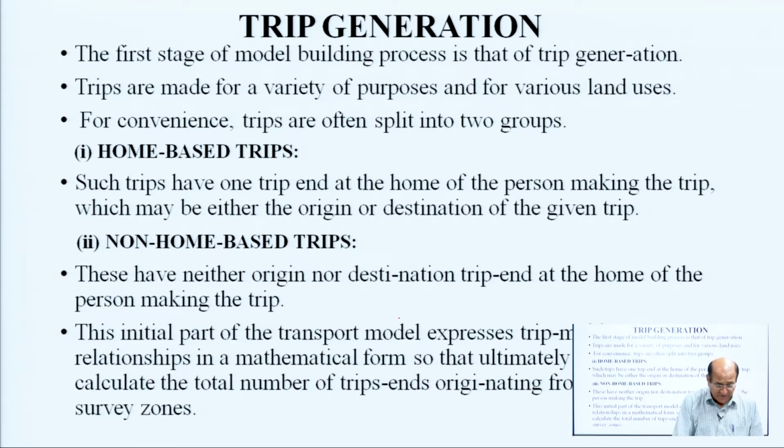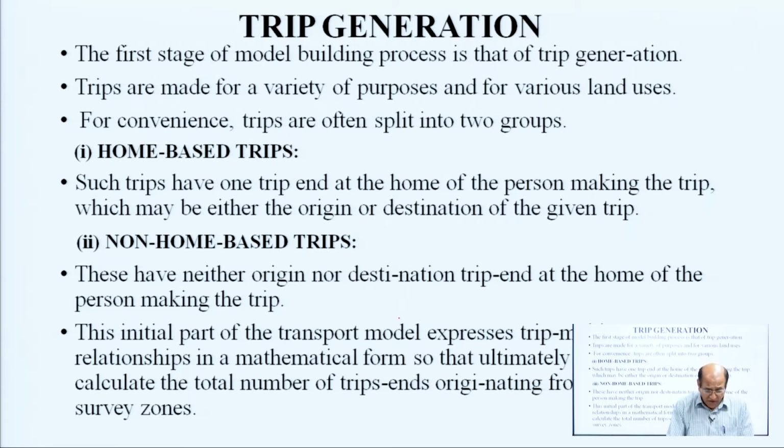In such trips, one trip end is at the home of the person making the trip, which may be either origin or destination. In any case, one end should be home based. The second is non home based trips, in which neither end is home based.